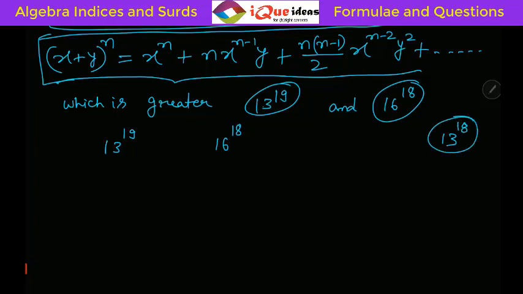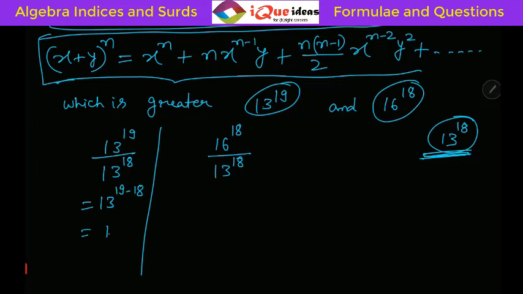So create this new number from your side and divide every number by 13 to the power 18. Now what will happen? 13 raised to 19 upon 13 raised to 18 will become 13 raised to 19 minus 18, which is 13.